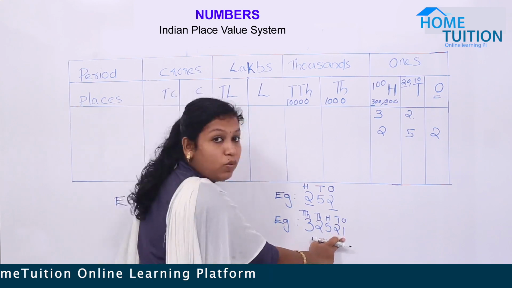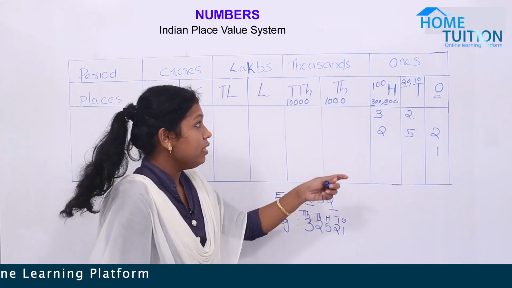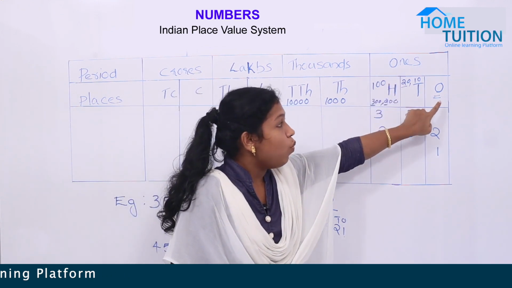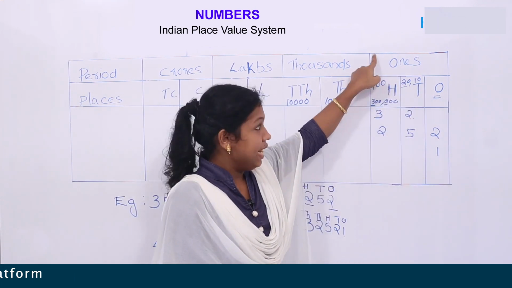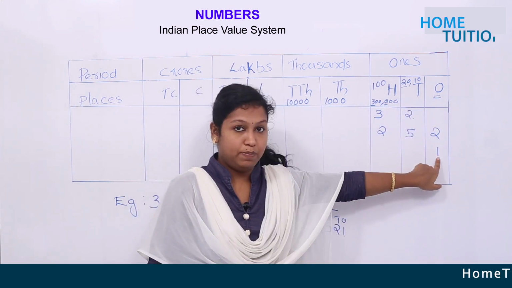So the first digit is 1, which is in the ones place, in the ones period. We write 1 in this place.